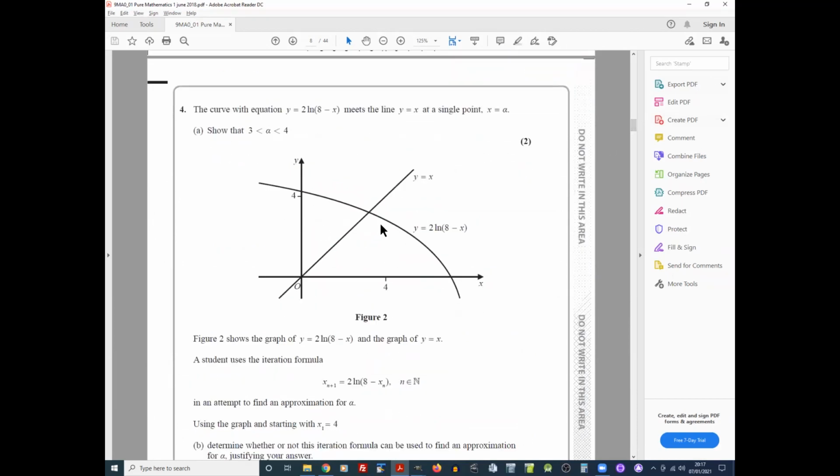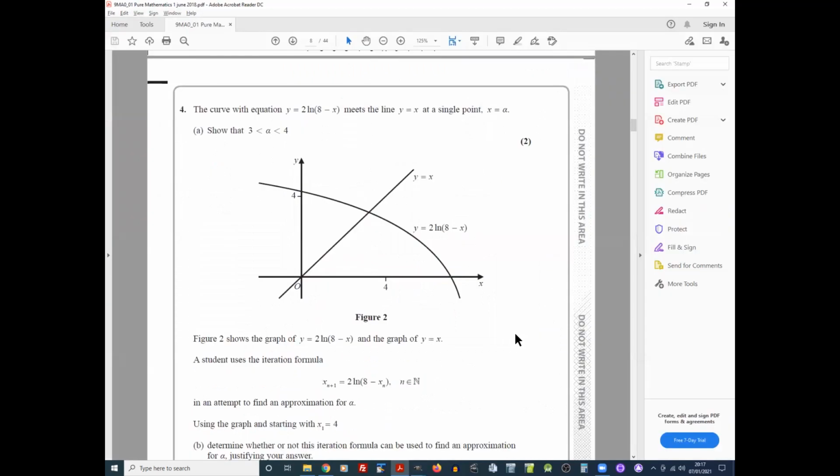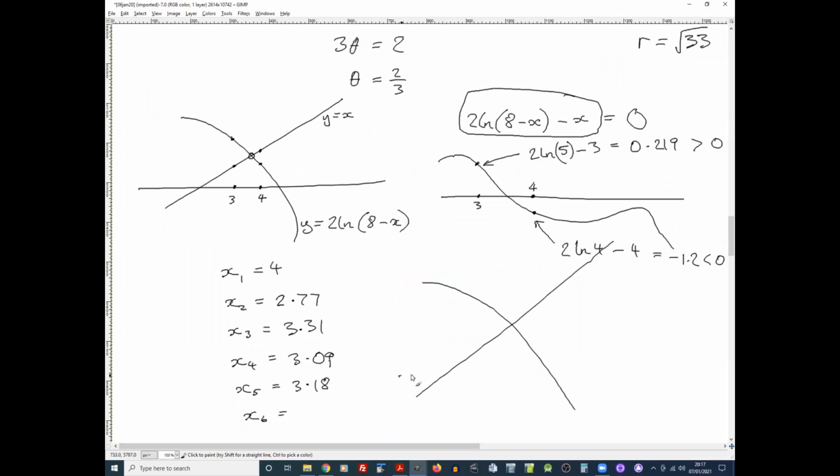What they haven't asked for is the cobweb diagram. What's the cobweb diagram? Okay, so starting at 4, from this one we got a y value of 3.77, didn't we?